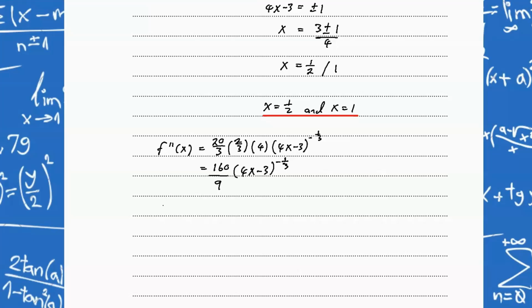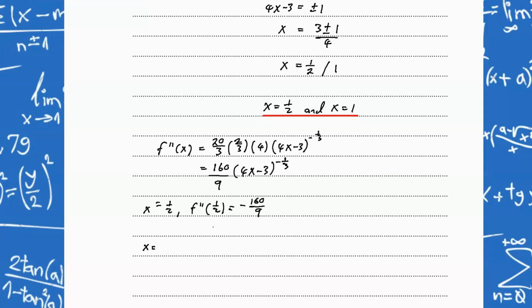So when x is equal to a half, that's f double prime of a half. We substitute a half here, and that will be 2 minus 3 here, raised to this power, we get a minus 1. So basically it's minus 160 over 9.